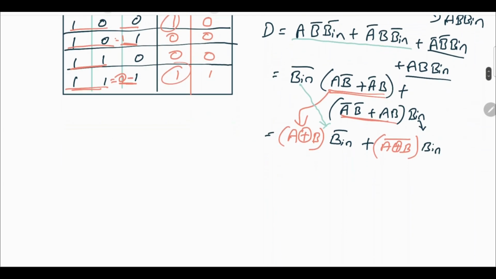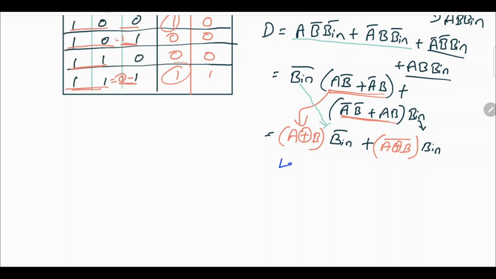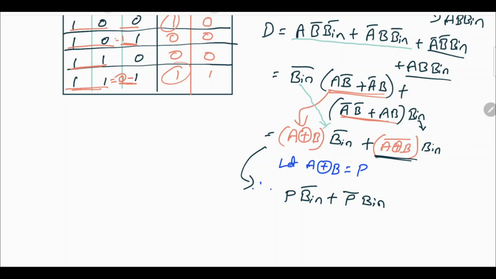Now as in the case of full adder, let A XOR B is equal to P. Therefore, we can write, this equation will become P B in bar plus P bar B in.